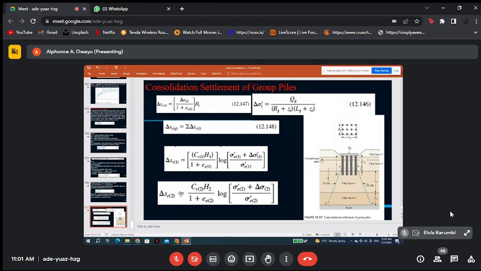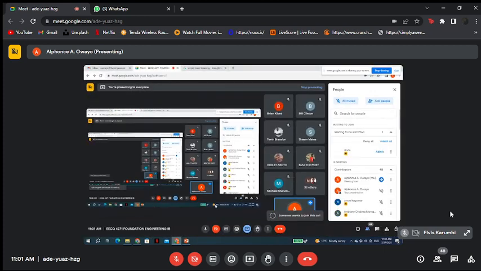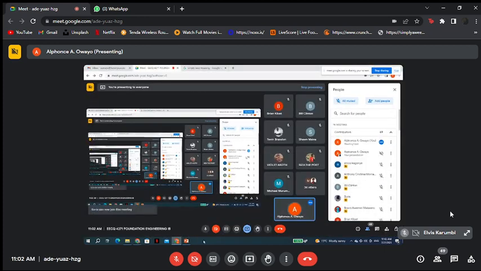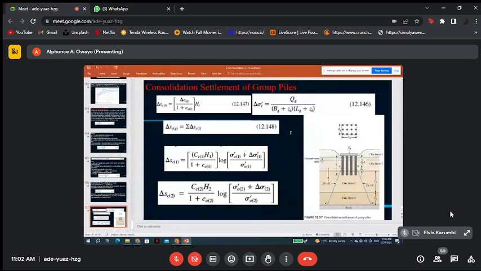The only difference here is the load increments. Now someone is just joining class when I'm in the last slide. The load increments here are from the group of piles.